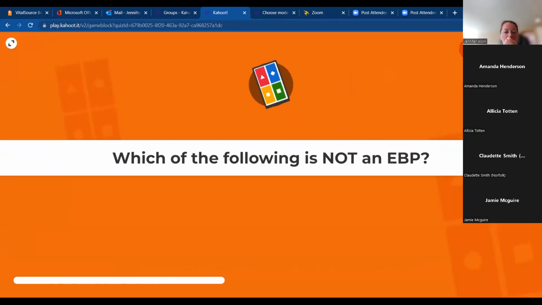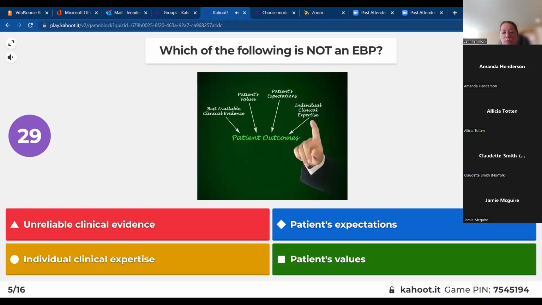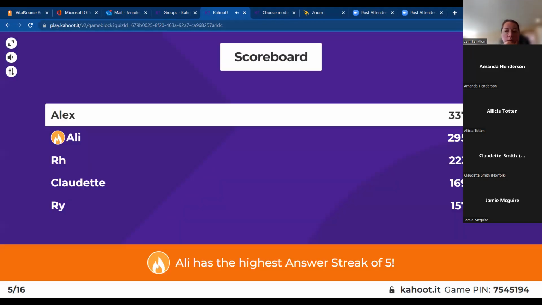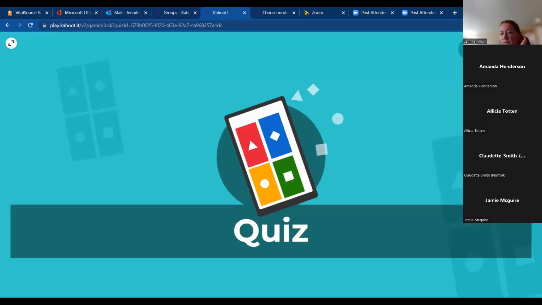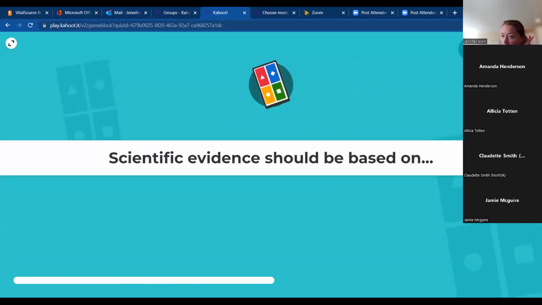Which of the following is not an evidence-based practice? All right. Oh, you guys got that all right. Oops, I skipped ahead too far. Sorry. All right, let's look at another one.